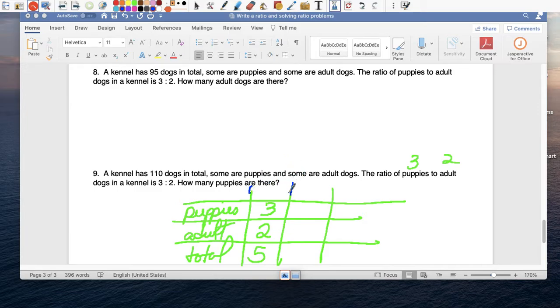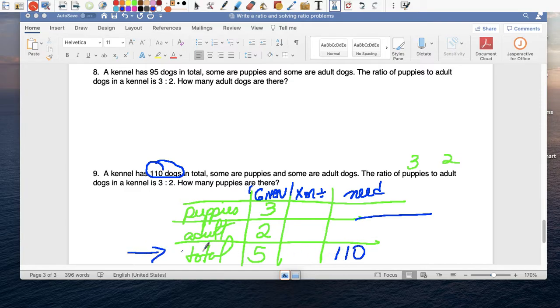Now, that's given to me. They told me that, right? This is times or divide, and this one is need. What do I need to find out? So when we have this 5 total, 3 are puppies, 2 adults, but when we have 110 dogs in total, so let's put 110 here in the total, right? What do you multiply this by? Times 22. 5 times 22 is 110.